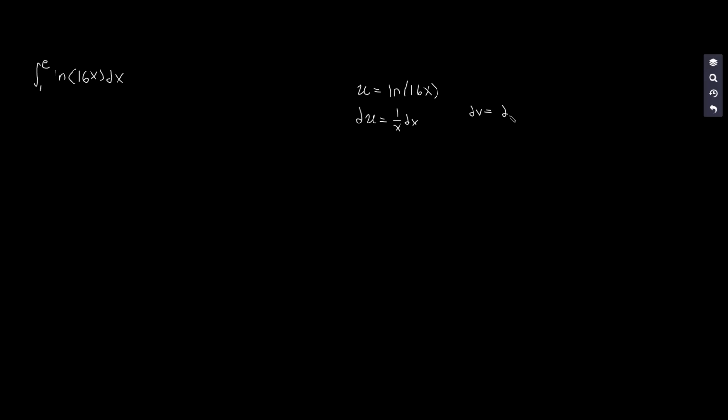dv, well, that's going to be dx. And then if you integrate dx, technically you're integrating 1 dx, and then the integral of 1 with respect to x is going to be x.